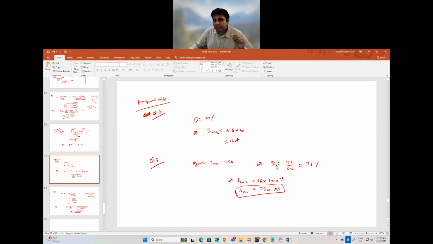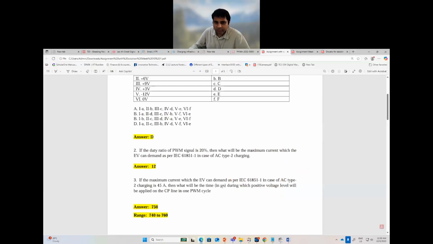Our duty ratio will be 45 by 0.6, which is 75%. Now, duty ratio is T on by the total time period of the PWM, which is 1 millisecond. So the answer is 750 microsecond, and the answer has to be written in microseconds, so we just write 750.